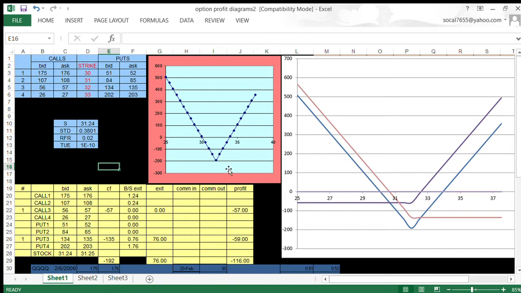So that's our range. Those are our two break-evens, which are just below these points here.